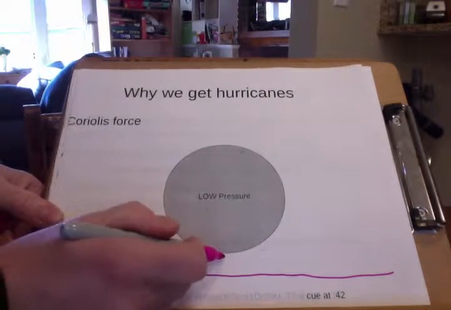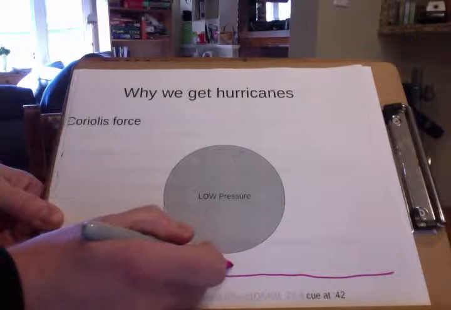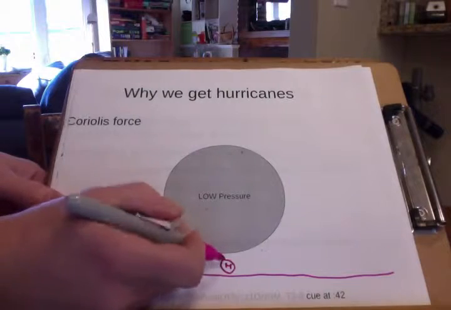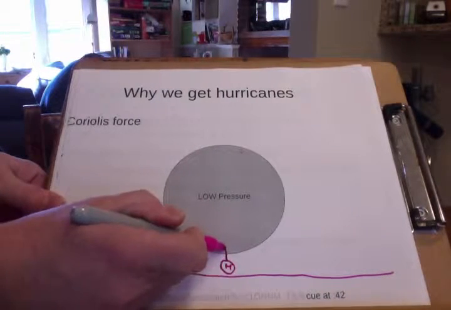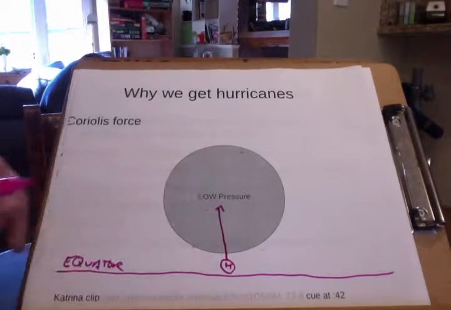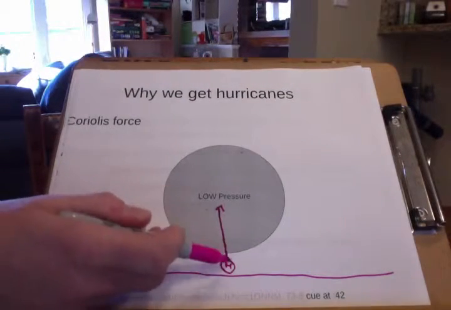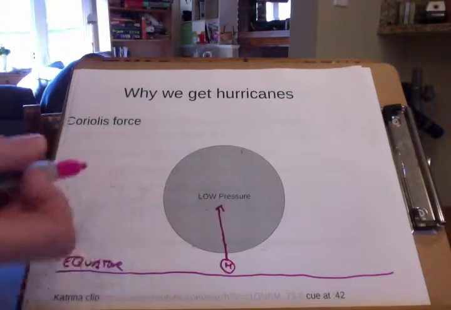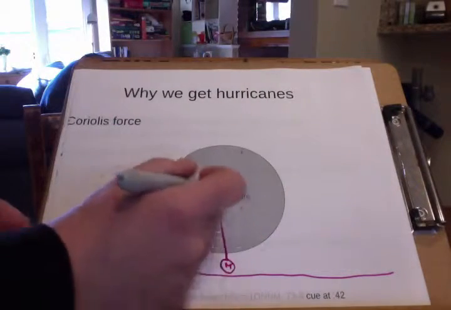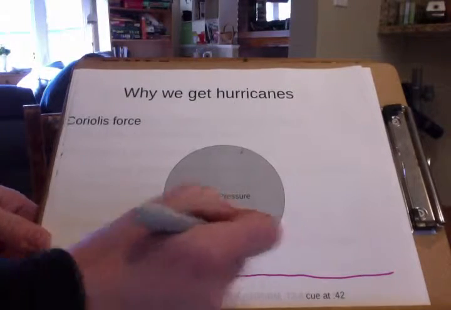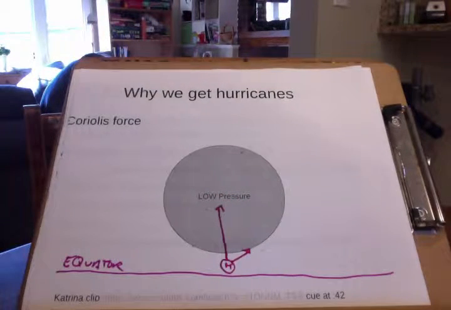Let's examine a packet of high pressure gas here. It attempts to move that way. But as it moves that way, just like our missile launched from Texas, it ends up diverting off this way due to the Coriolis force.